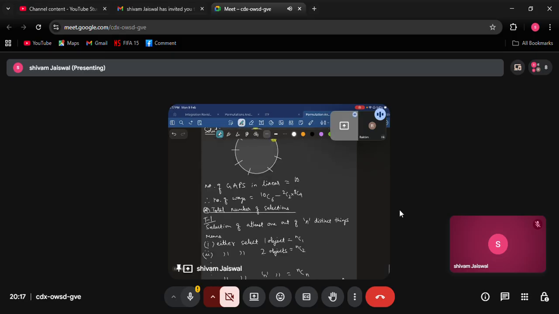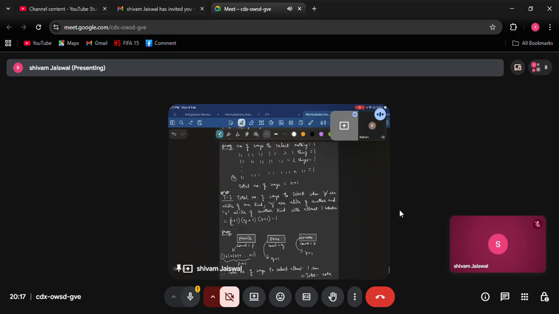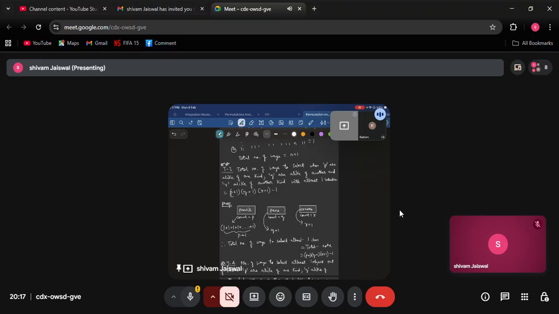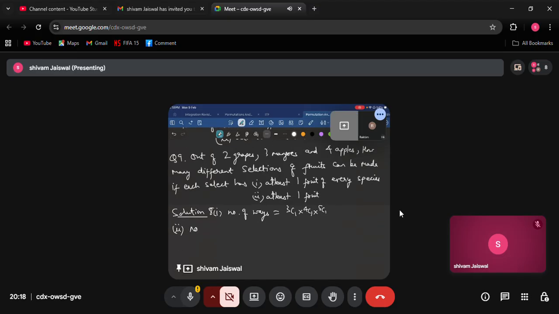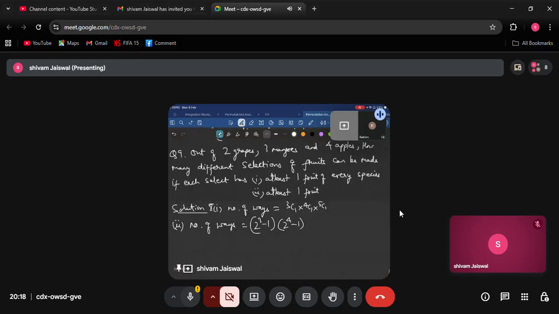Which type do we have to use? Type 1, type 2, type 3, type 4. Tell me. Think. Samita, your answer is correct. Type 1, so it will be 2 to the power 3 minus 1. One physics book, 2 to the power 4 minus 1. 2 to the power 5 minus 1. Is it clear?